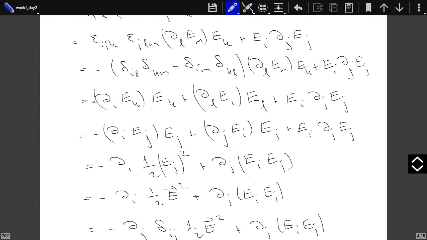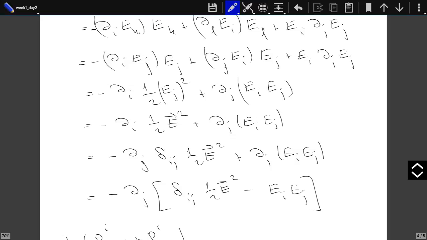Now we have this expression over here. Here I'm summing over J. Here there is an expression that depends on J. Well, it will be a vector. So here I have the J component of a vector.